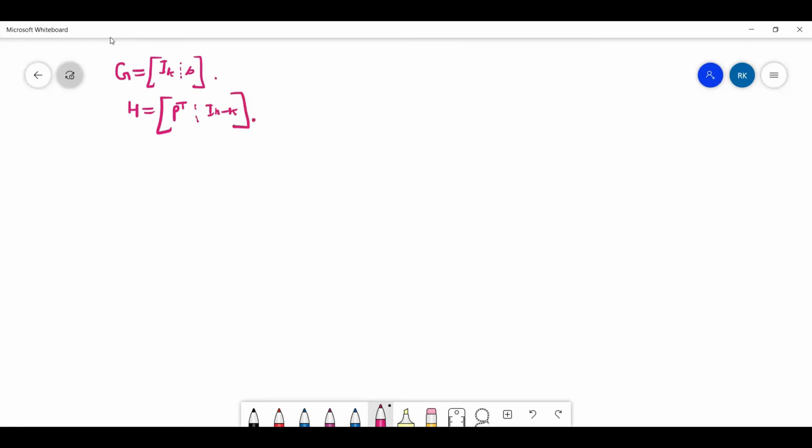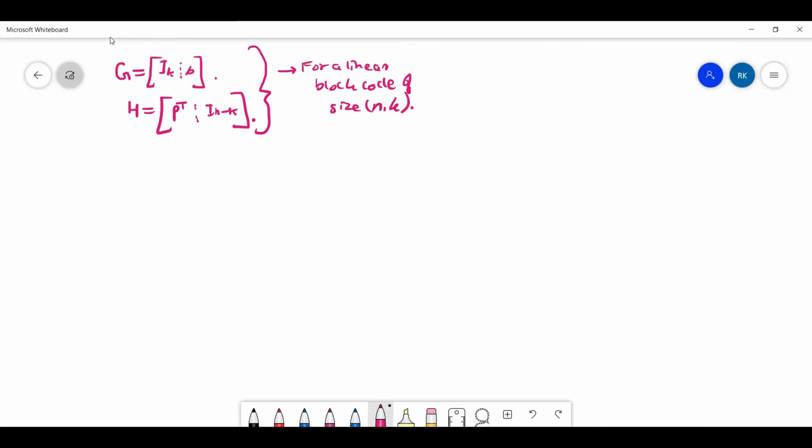These two are for a linear block code of size (n,k).